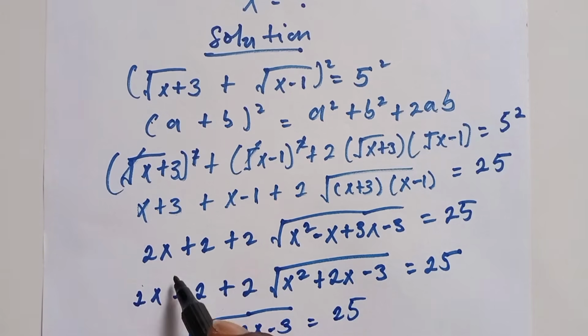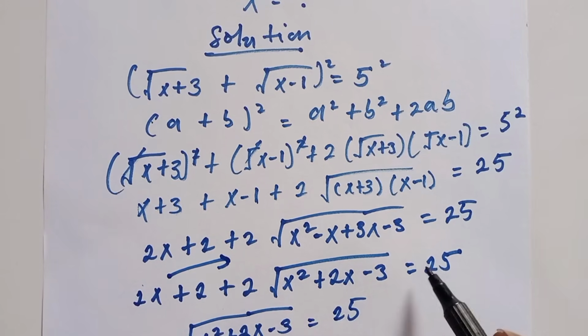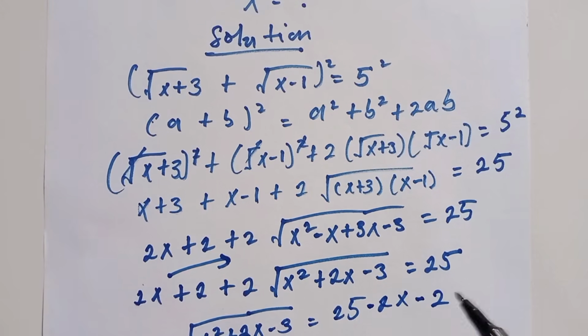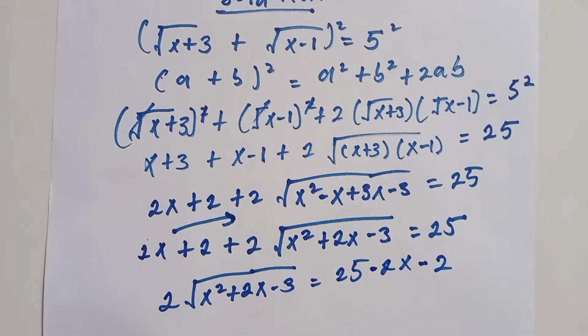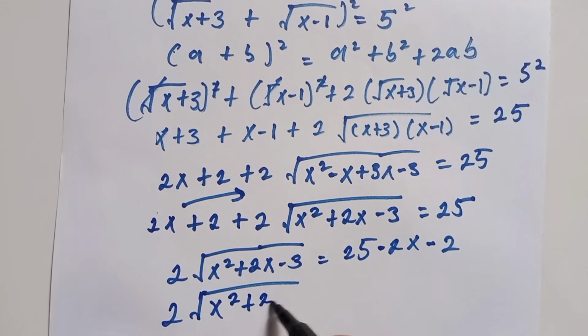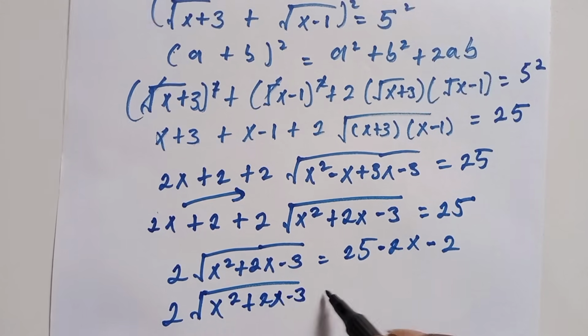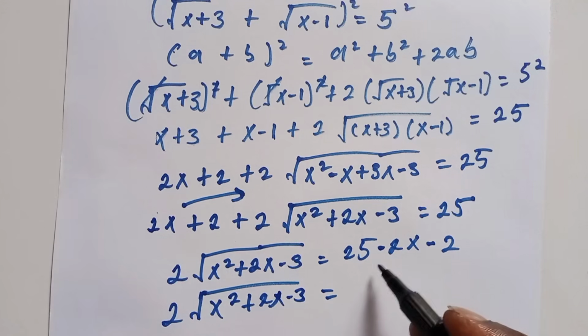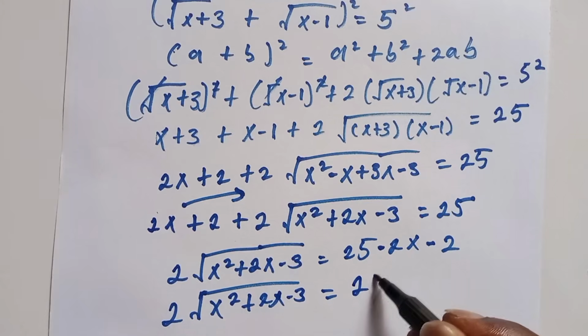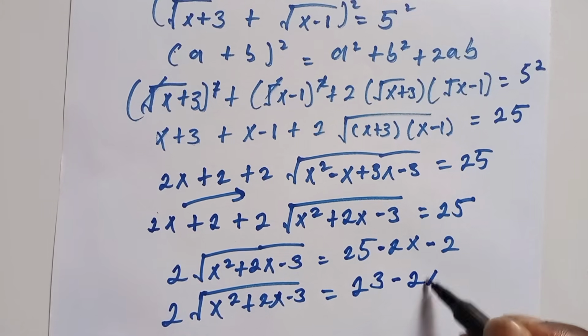If all this comes to the right hand side, I have minus 2x minus 2. So from here, I have 2 roots x squared plus 2x minus 3 is equal to 25 minus 2, which gives us 23 minus 2x.